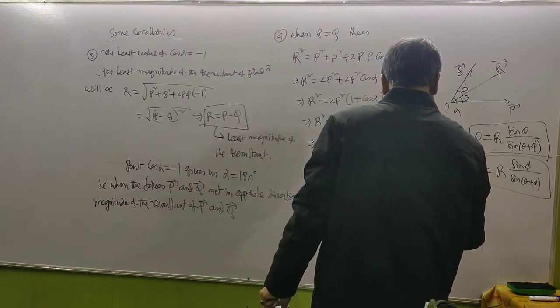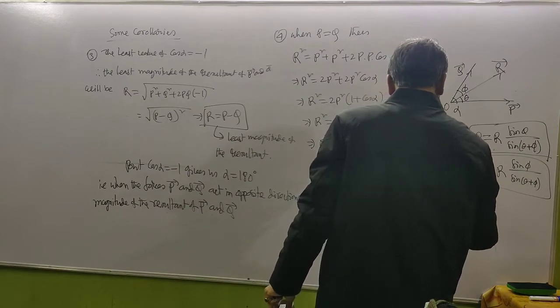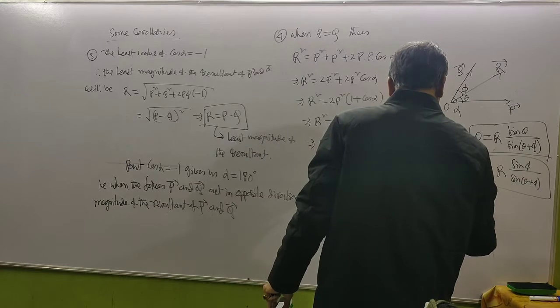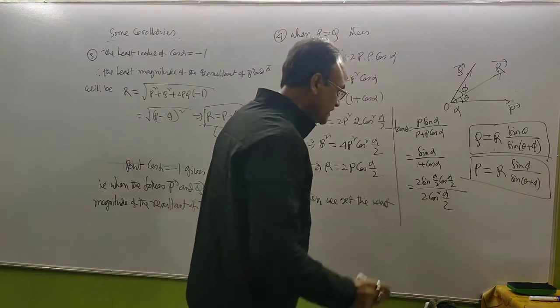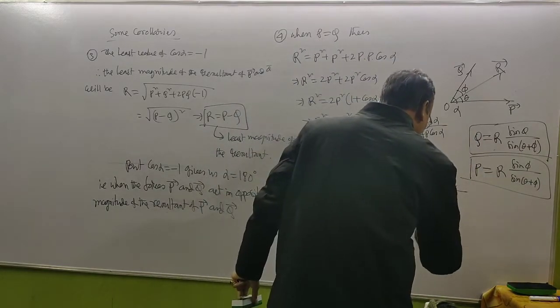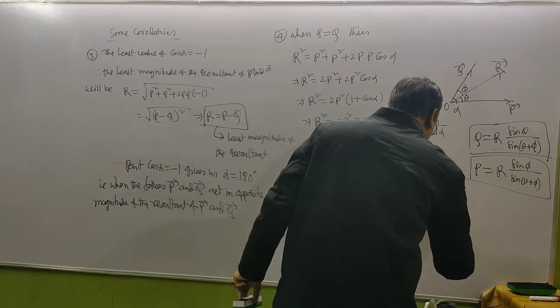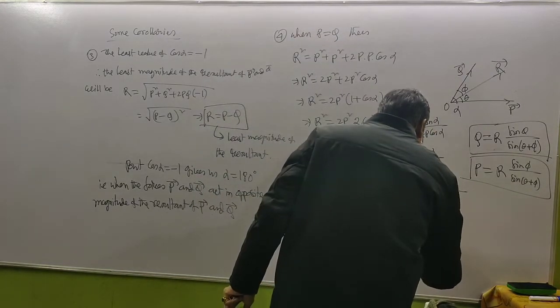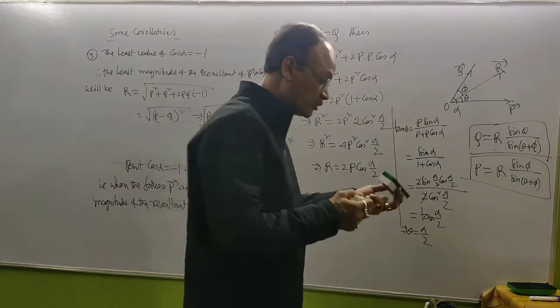This is equal to twice sin alpha by 2 into cos alpha by 2, divided by twice cos square alpha by 2. The 2 will be cancelled, and this will be equal to tan alpha by 2. This means theta is equal to alpha by 2.